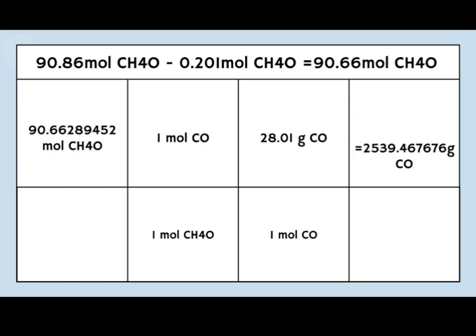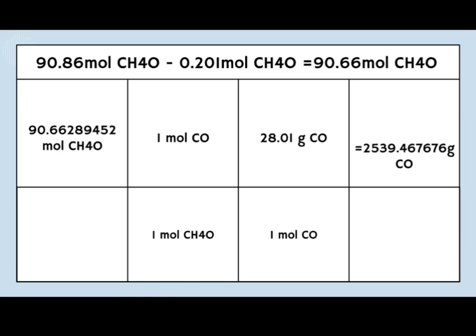I condensed these numbers because I had to make room. You're going to subtract the 90.86 moles of methanol from 0.201 mole of methanol, and you should get 90.66 moles of methanol.